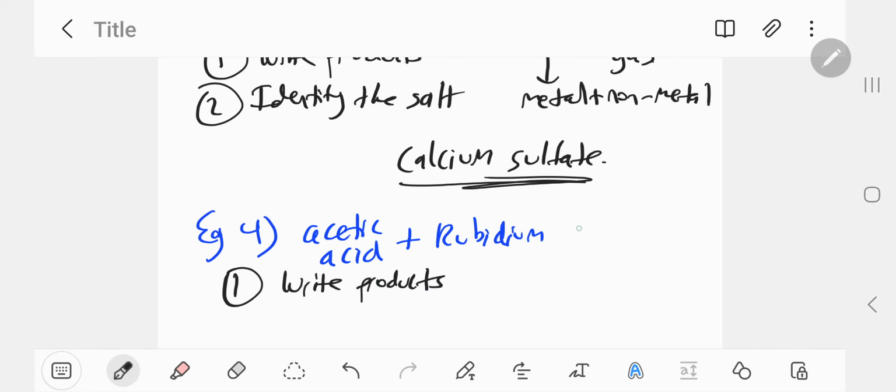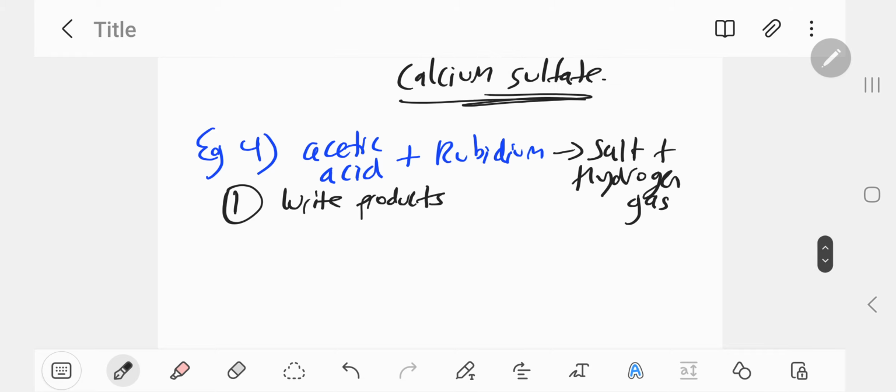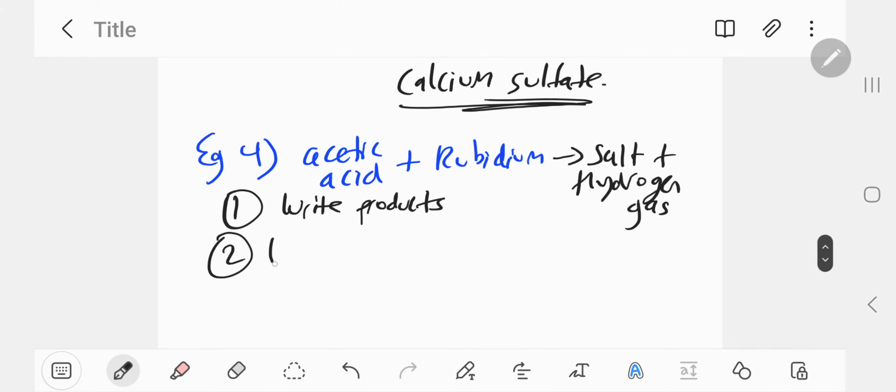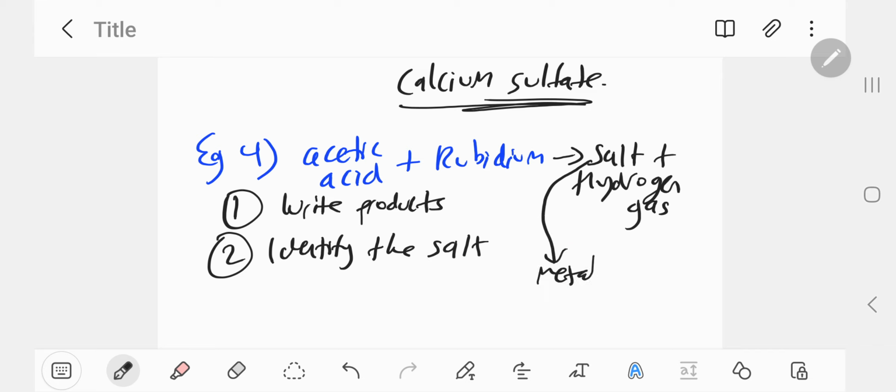So salt plus hydrogen gas. Step 2, identify the salt. Okay, salt is metal and non-metal. The metal in the equation here is rubidium. It's a group 1 element. So rubidium, and the non-metal comes from the acid. Acetic becomes acetate.